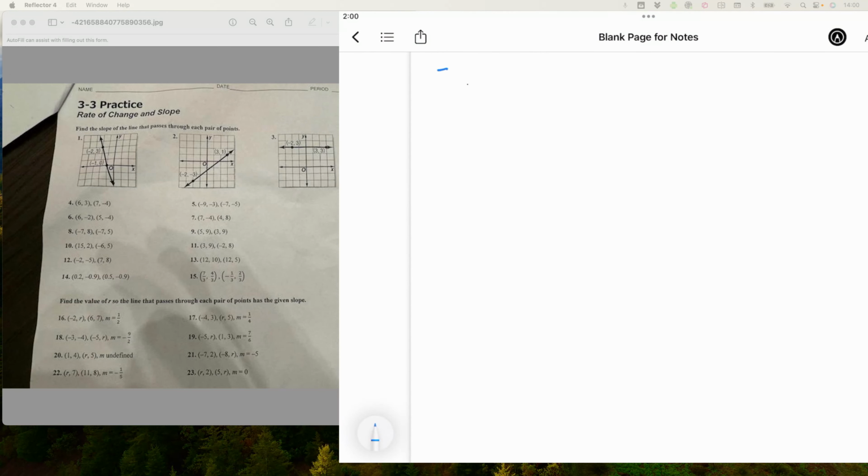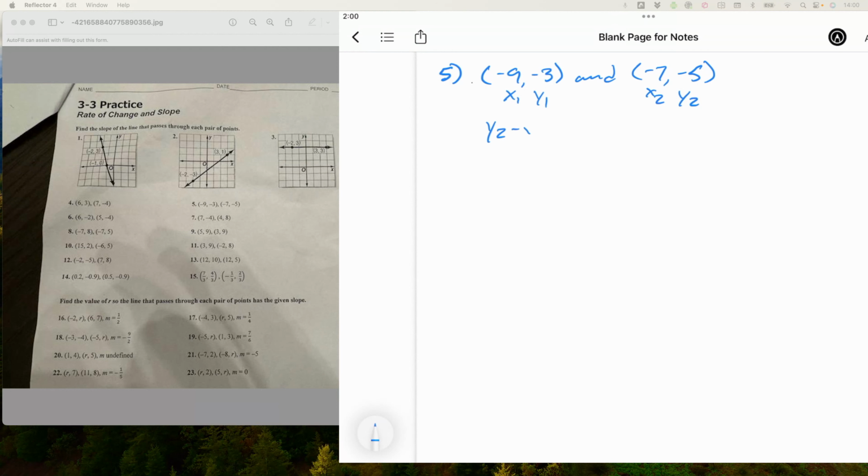Number 5, we have negative 9, negative 3, and negative 7, negative 5. x1, y1, x2, y2, again y2 minus y1 over x2 minus x1. Put the template together, but the minus sign's already in there, so we don't make a mistake.